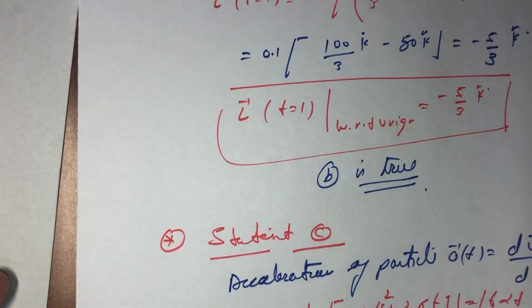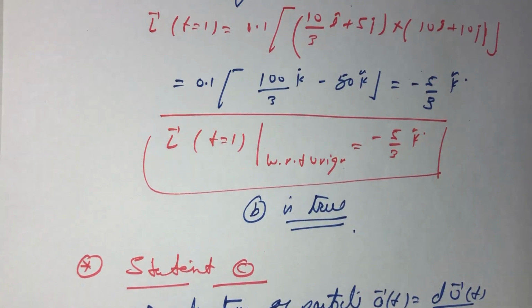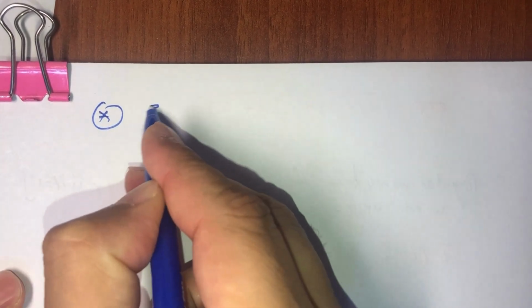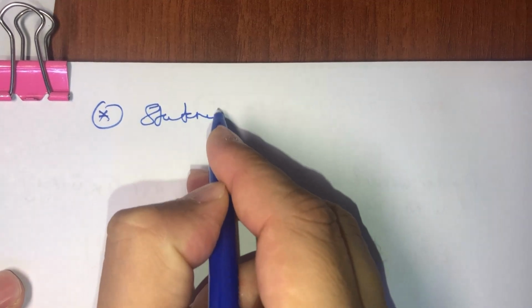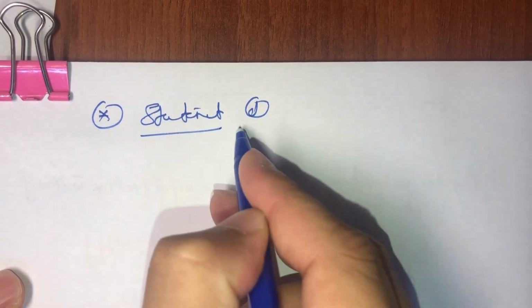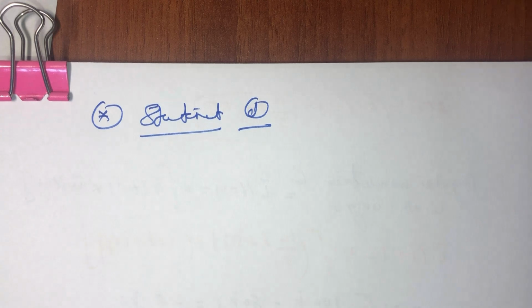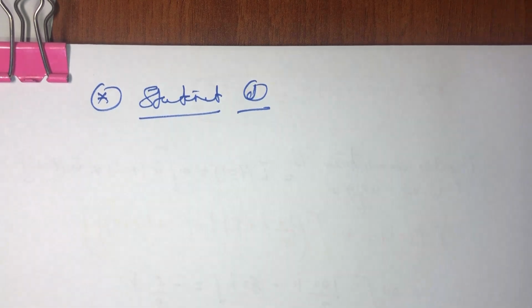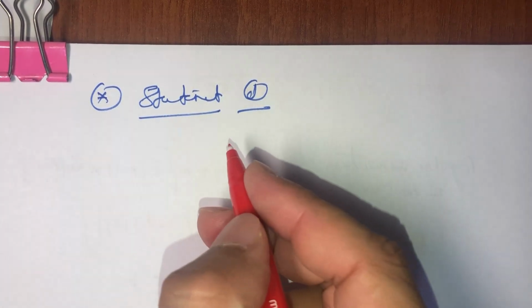And in the last part we are supposed to find out the torque. Statement D, in statement D we are supposed to find out torque, that is torque with respect to origin.